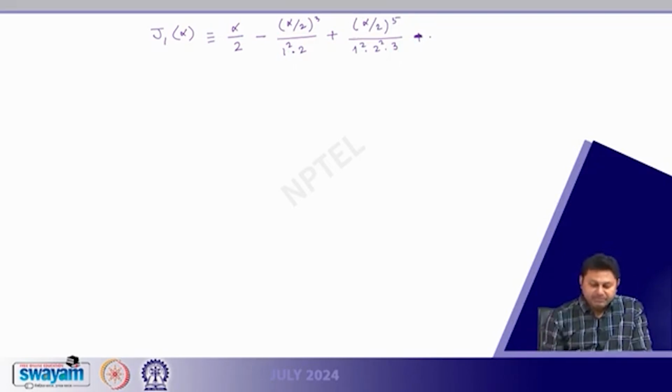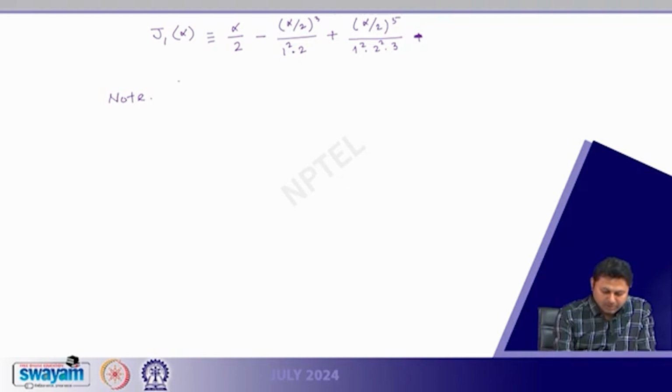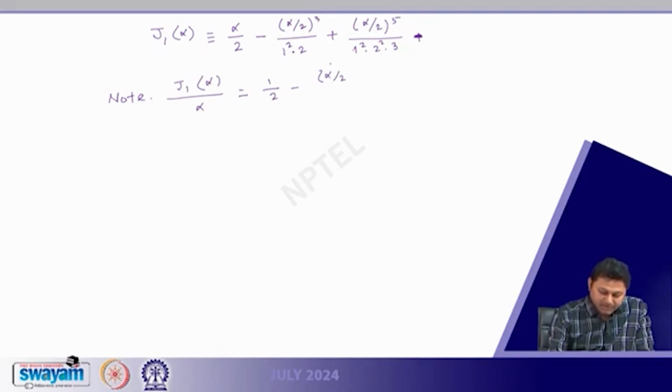So, this is the expansion of the Bessel function, and note that J1 alpha divided by alpha is half minus alpha square by 2 cube, with 1 square, 2 and so on in the denominator.